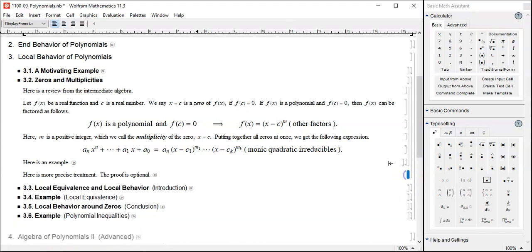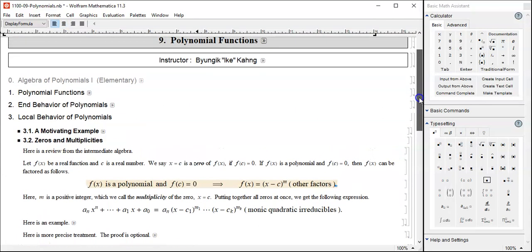Now, I can do the same thing for each 0. And suppose that we have k zeros, c1, c2, c3, all the way to ck, and each 0 has a multiplicity, m1, m2, m3, and so on. You can summarize all those here. And then no more 0 because, you see, c1 through ck are all the zeros.